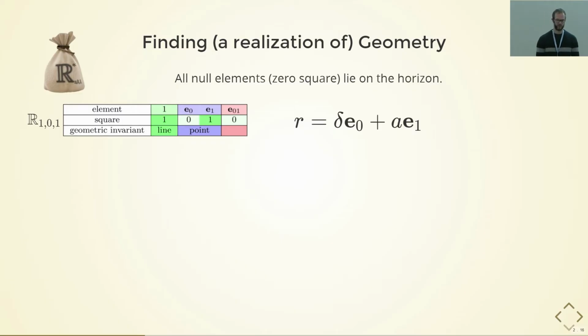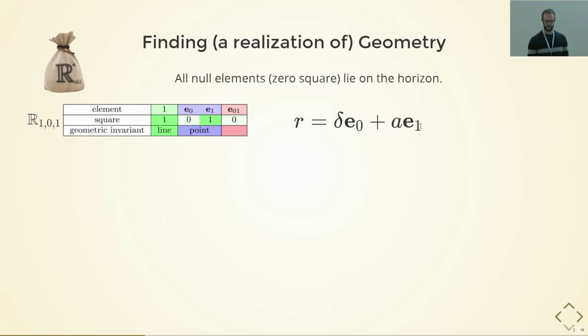And so I start with the smallest algebra, R1,0,1. In that algebra, I have vectors and bivectors, and that's it, plus the scalar itself. The vectors I use now to represent points, and the e0 term, the one that squares to 0, is the point at infinity.